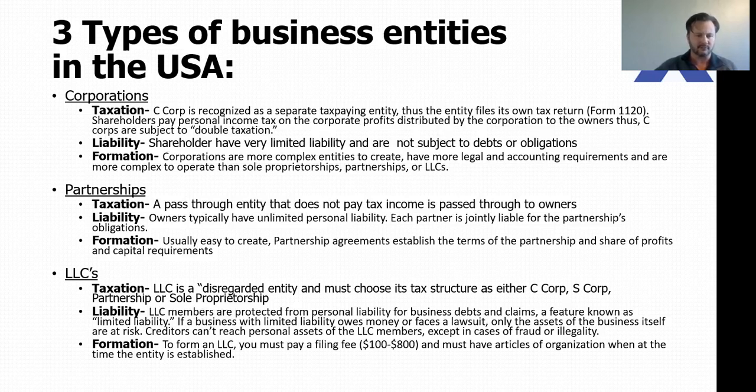It reports its revenue and expenses and then passes that net profit to the owners at the individual level, and then the owners are individually responsible for paying the taxes of the partnership. For liability reasons, partnerships are less safe than corporations and LLCs. They typically have unlimited personal liability, meaning you can be held liable for the debts of the partnership. And sometimes in some cases, you can even be held liable for the other partner's debts. So a little riskier there.